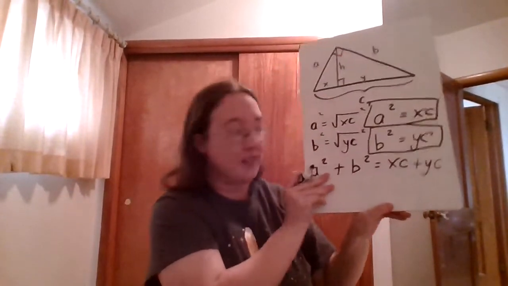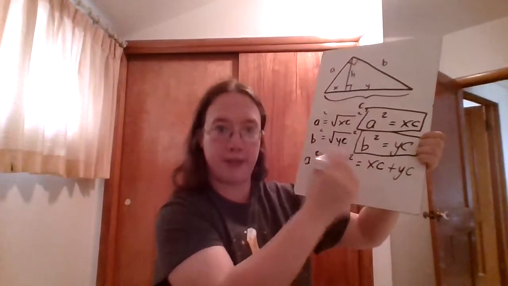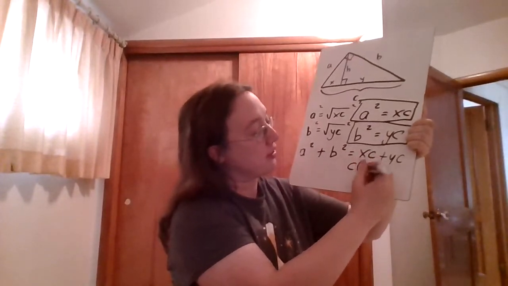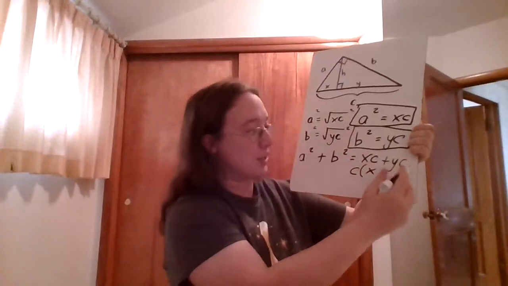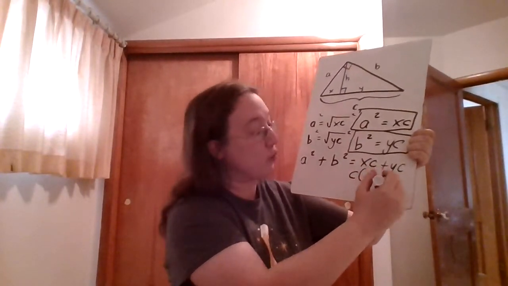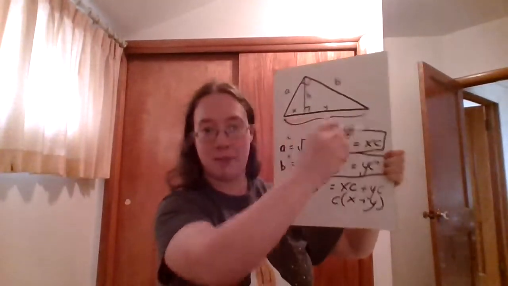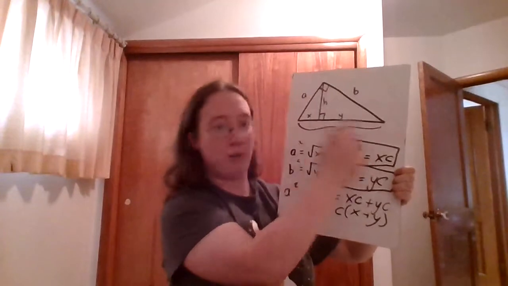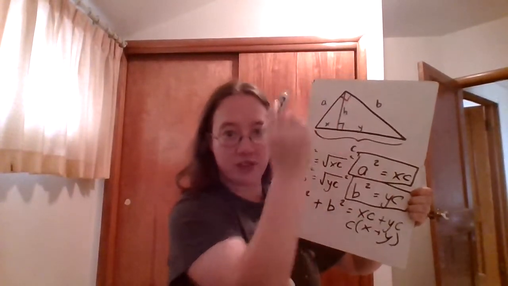Okay. The next thing we're going to do is take that side over here and factor it. So we're going to take a c out of both of those. If we take a c out of an xc, we've got an x left. If we take a c out of yc, we've got a y left. But if we're looking up here at this triangle that we drew, we have x, we have y, and x plus y is that whole side, which is c.